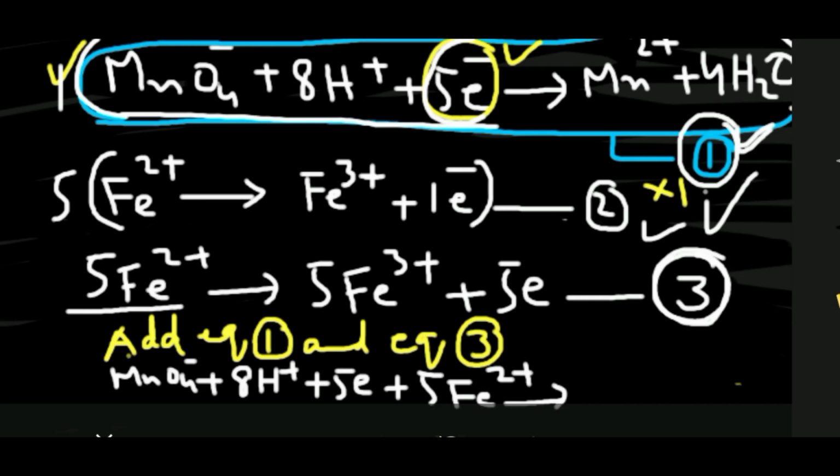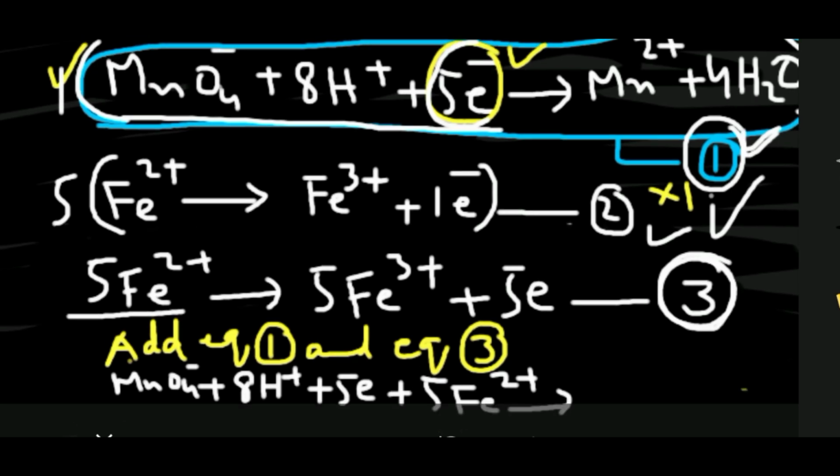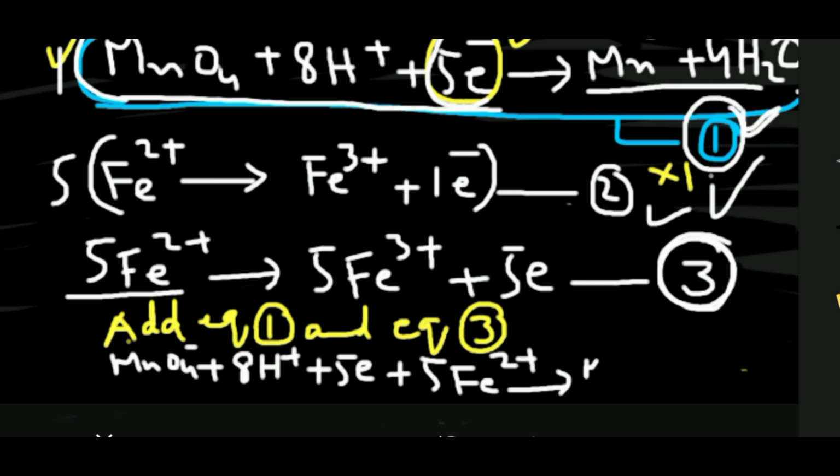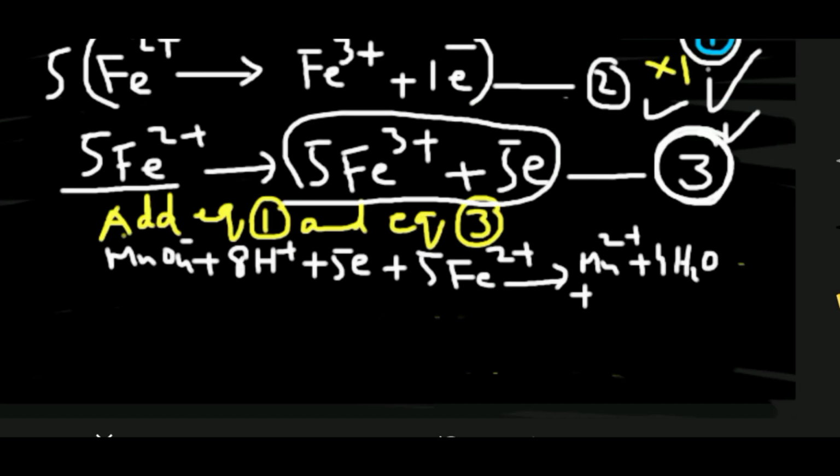Now on the product side, equation number 1 has Mn2+ plus 4H2O, while on the product side of equation number 3, we have 5Fe3+ plus 5 electrons.